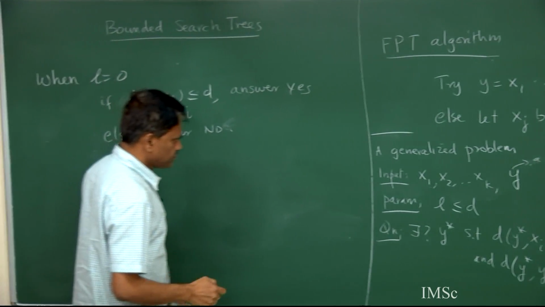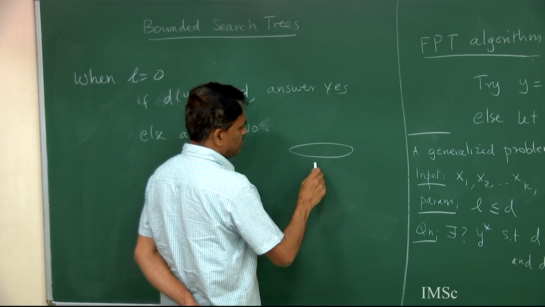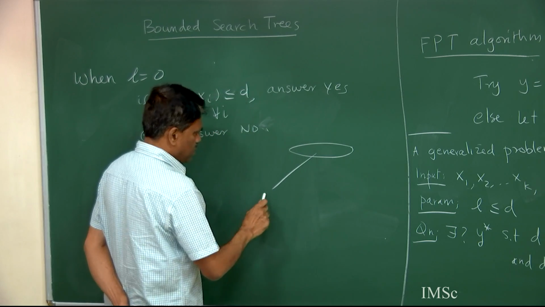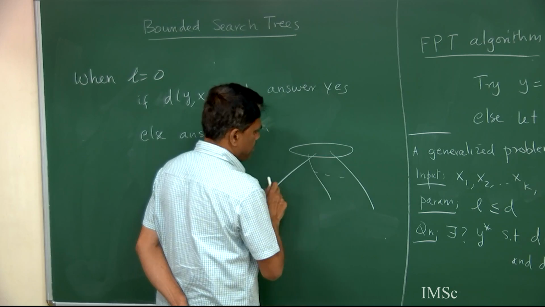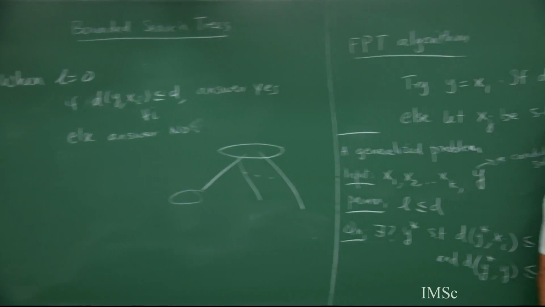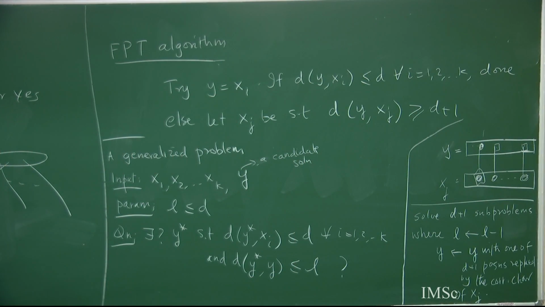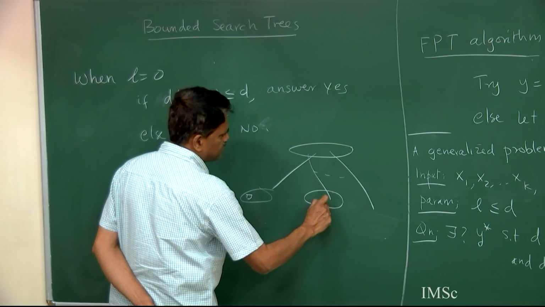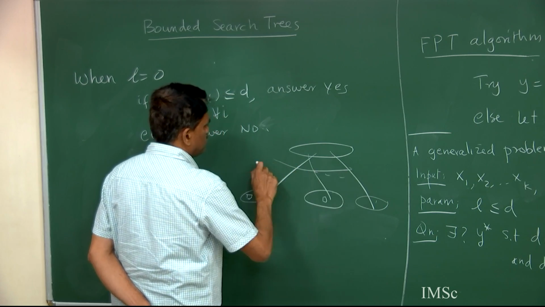So, the way you are thinking is that I start with this string, I have a d plus 1 branching. I arbitrarily pick some d plus 1 positions where these differ, and I say, okay, I know in my solution I have to fix this position to be that particular character, and here there will be some other positions where this is fixed. So, there is d plus 1.